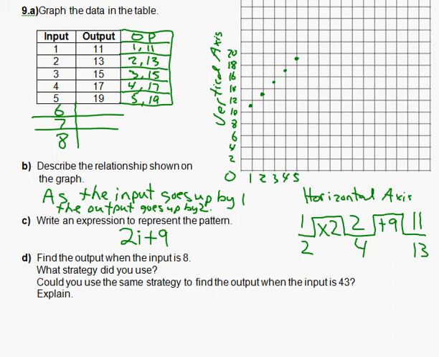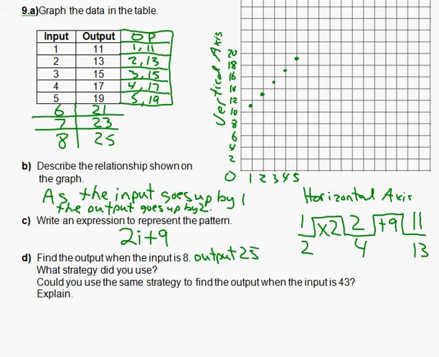The outputs are increasing by 2 each time. So then if you had an input of 6, the next one should be 21, and then 23, and then 25. Okay, so the output equals 25 if your input is 8.